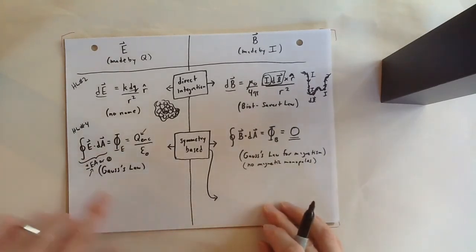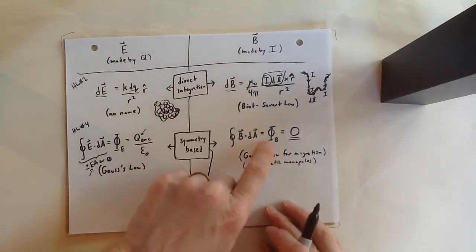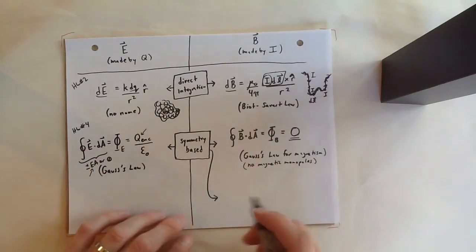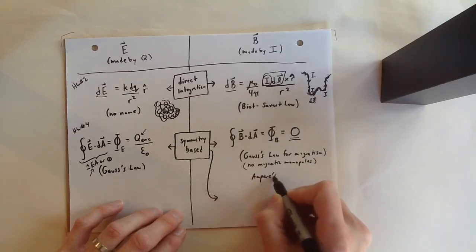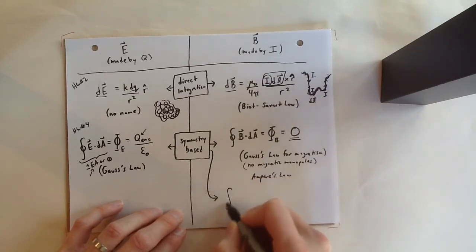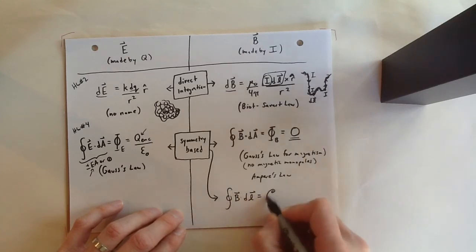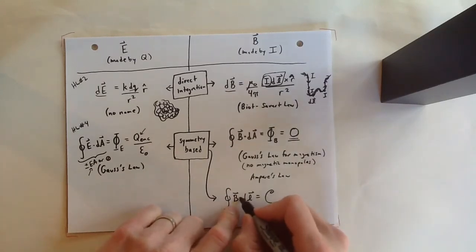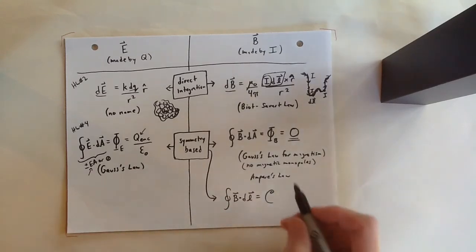So there is another law which functionally behaves similarly. It's not actually Gauss's law for magnetism, but it is a law which functionally behaves the same. This is called Ampere's law. And Ampere's law looks like this. It's not a flux integral, it's a line integral. So it's asking about what the magnetic field does along a line instead of a surface.